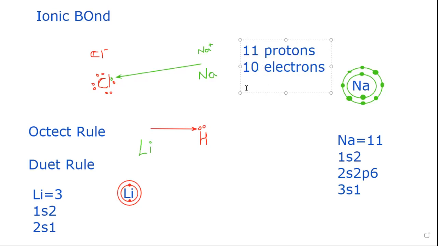In total, you will have 1 extra proton. So the protons now have dominance in the sodium because you have 1 proton above the number of electrons that you have.